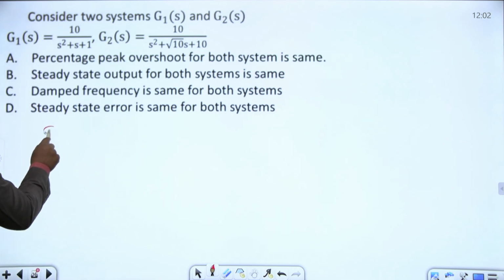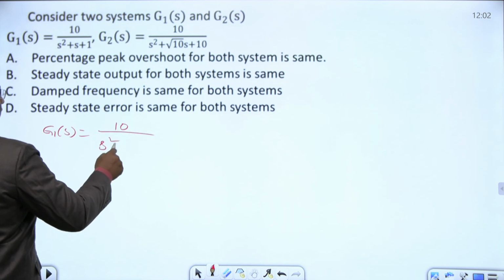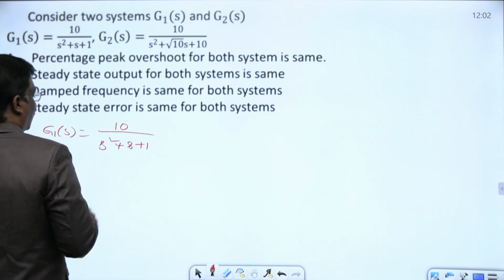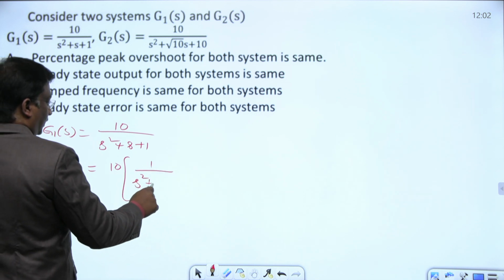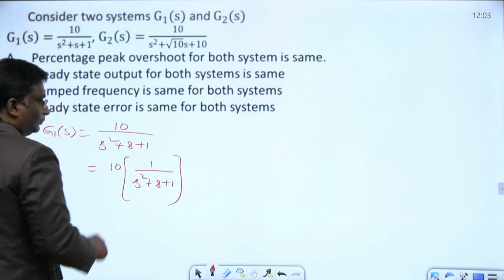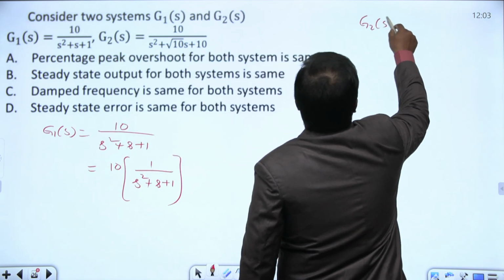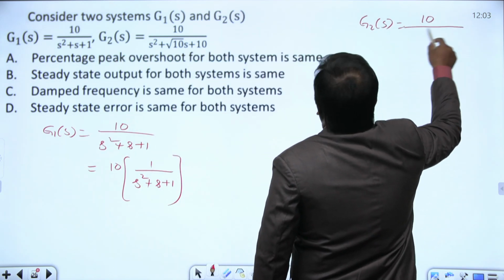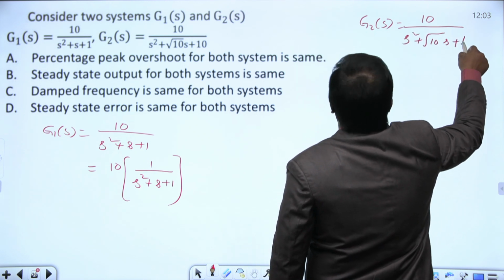G1(s) is 10 by s square plus s plus 1, or if I keep 10 outside, this is 1 by s square plus s plus 1. G2(s) is 10 by s square plus square root of 10 into s plus 10.